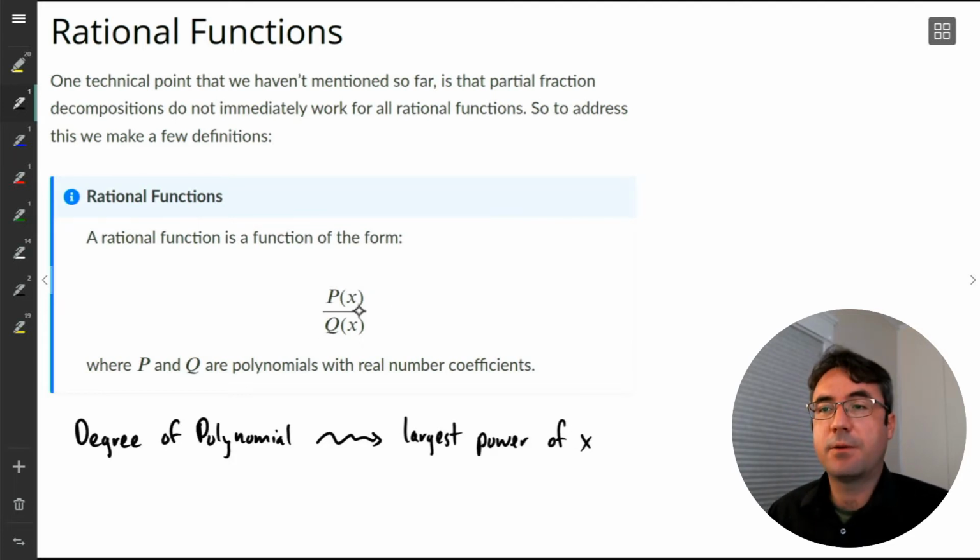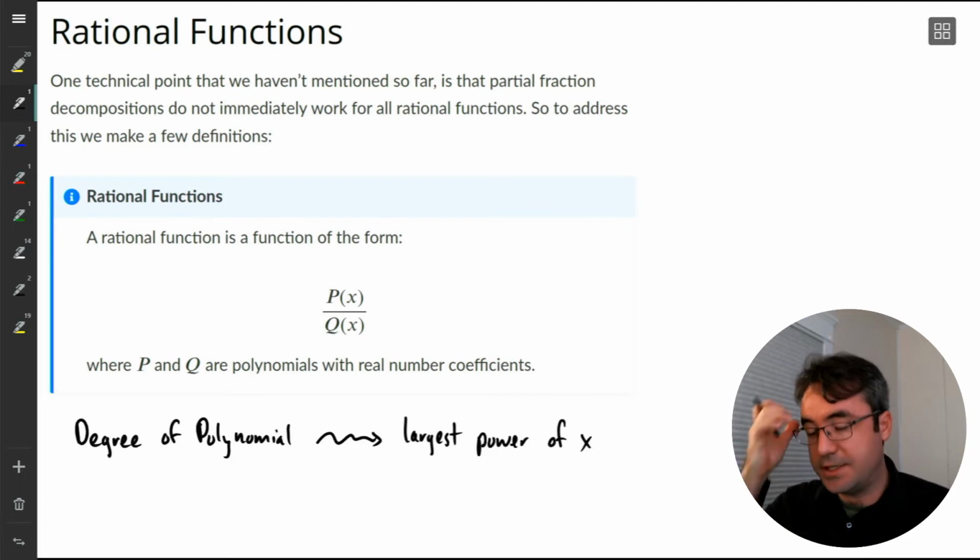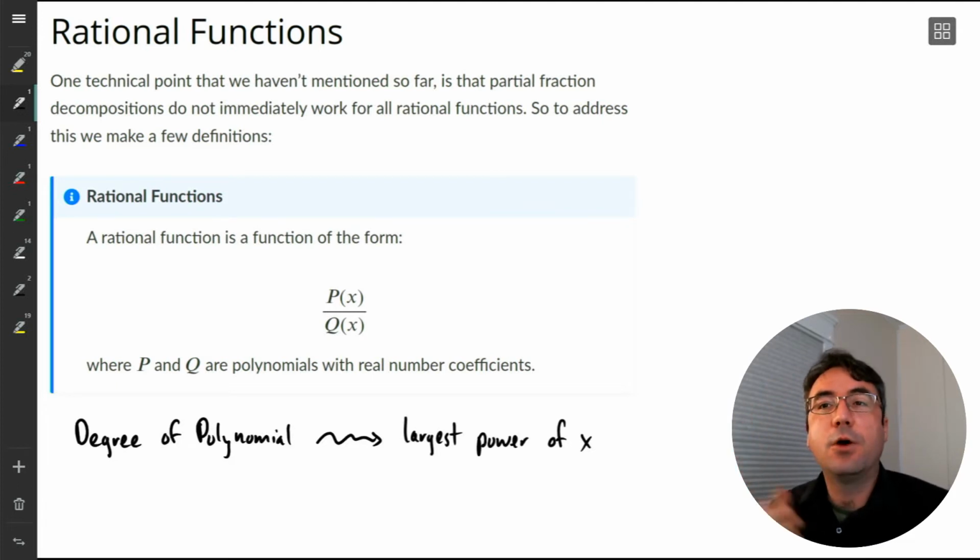So when we're looking at our rational function, we can talk about the degree of the polynomial in the top and the degree of the polynomial in the bottom, in the denominator there. And we have to pay attention to that because, as we're going to see, we can only do a partial fraction decomposition when the degree of the numerator is less than the degree of the denominator.